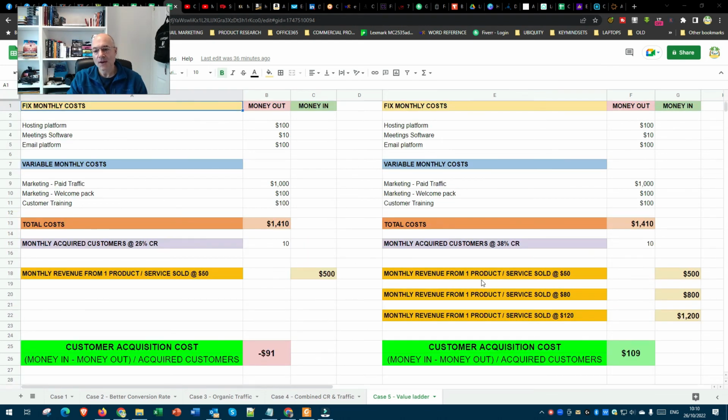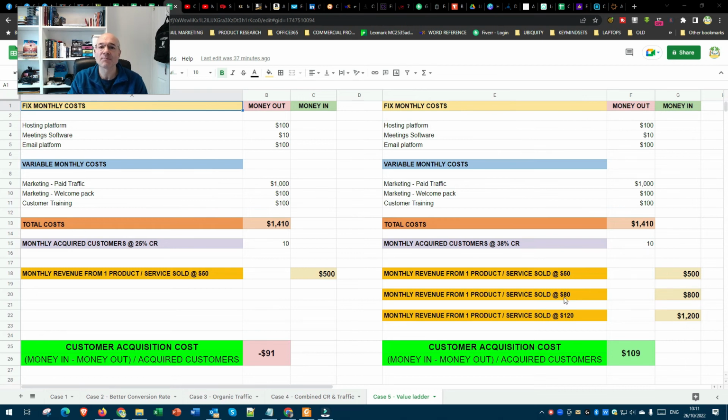On the after, I have added 2 additional products where you would be selling something which adds more value, and obviously you will be selling it for a higher price. So when you have a value ladder, and please don't quote me on the numbers, because this is only for illustrative purposes and as an example.